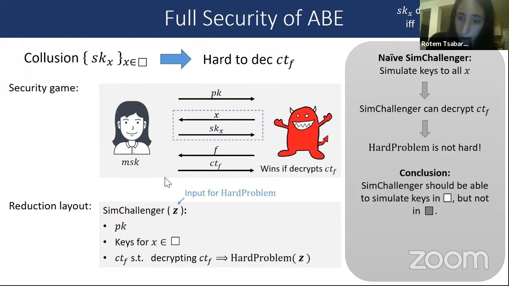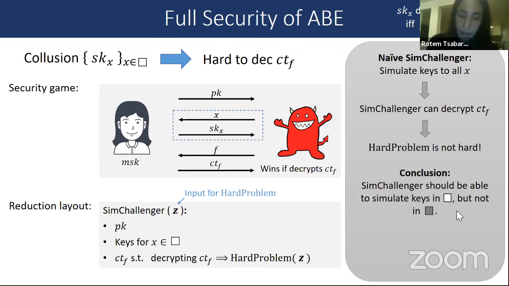Okay, so the conclusion from this discussion is that we should somehow come up with a simulator that, on one hand, can simulate keys for all of the authorized attributes, but cannot simulate keys for any non-authorized attribute.